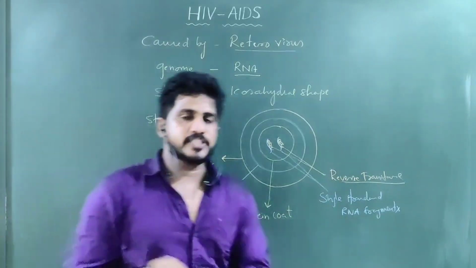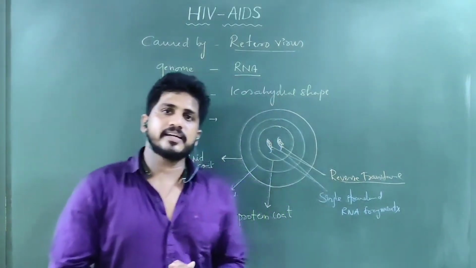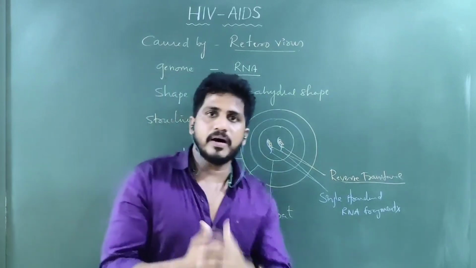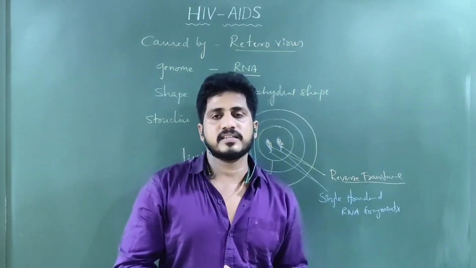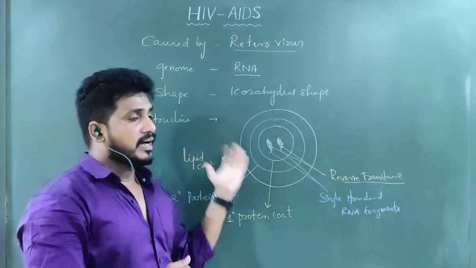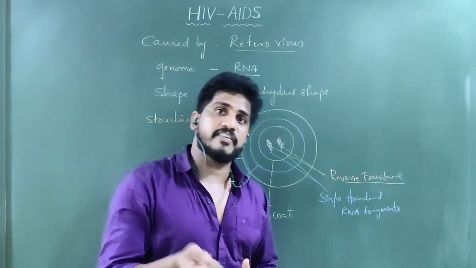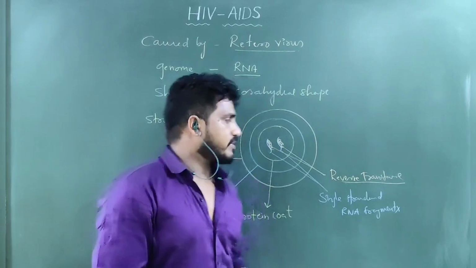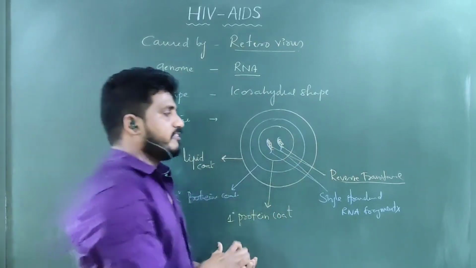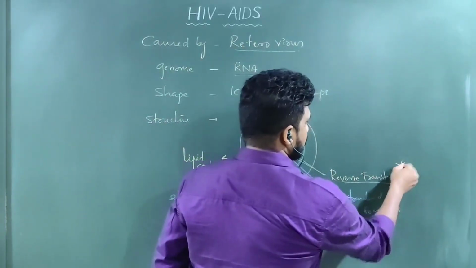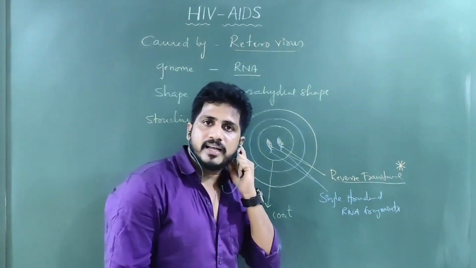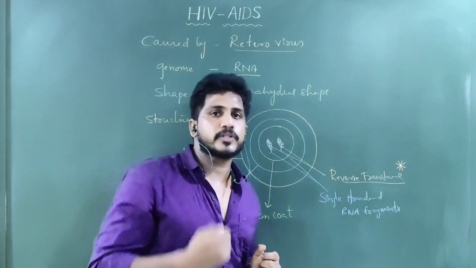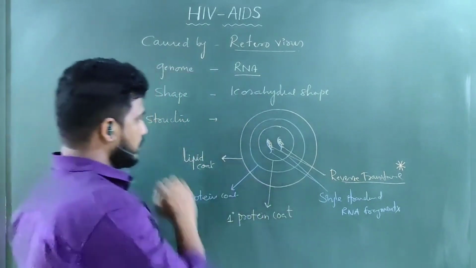In the molecular basis of inheritance, we have seen that in transcription, mRNA is produced from DNA, and for that RNA polymerase enzymes are required. But here, RNA becomes DNA. So this is reverse transcription, and for that an enzyme is required. It is called reverse transcriptase. We can say this is the weapon of HIV. With the help of this enzyme, RNA becomes DNA in the host body, meaning in man.